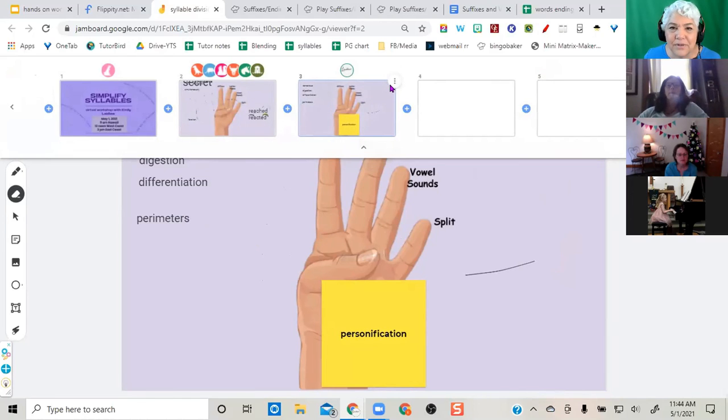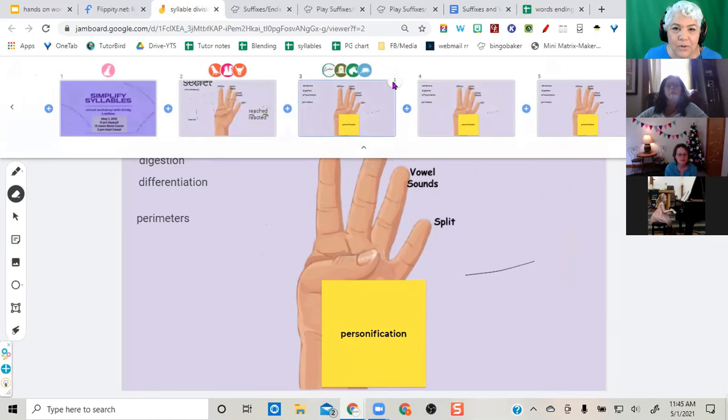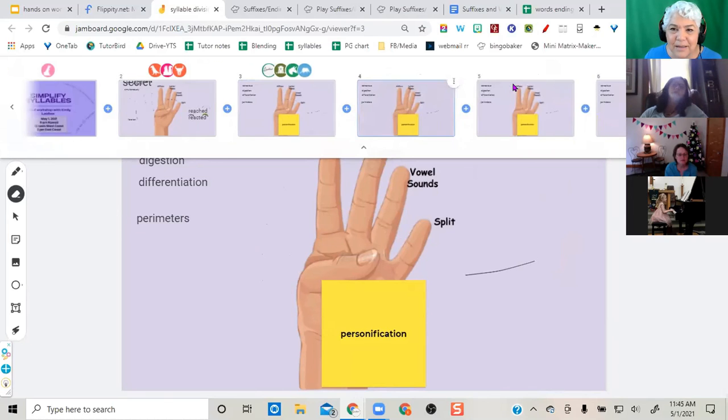Okay, so now what I'm going to do is, if you go up here and expand your frame, I'm going to do it for you. Expand frame 3. We're going to duplicate it for, I don't know how many people there are, but just go to 4, 5, 6, 7, 8, whatever, and put your name on a page, claim a page.